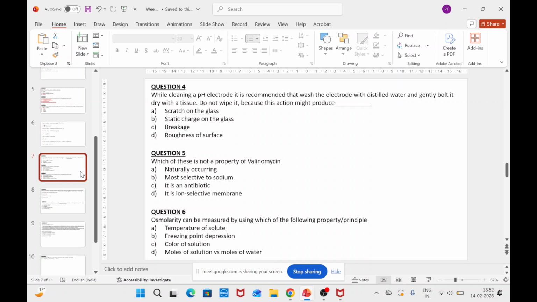Why? Is it because it will create scratches, or roughness in the surface, or break the electrode, or create static charges?